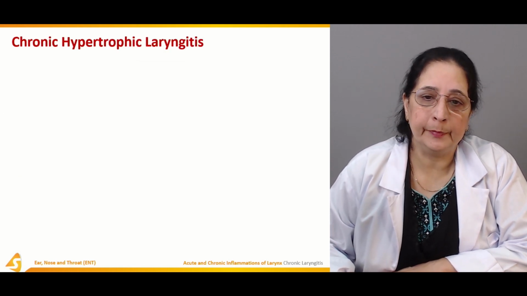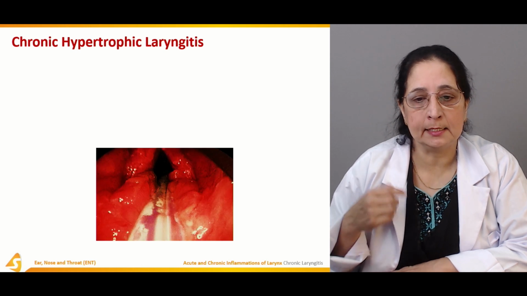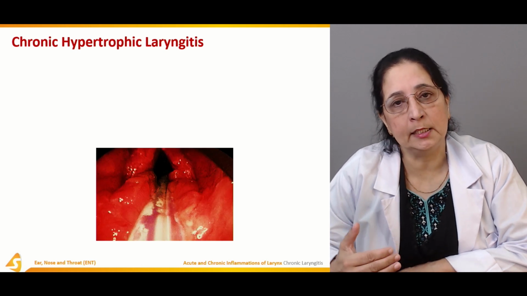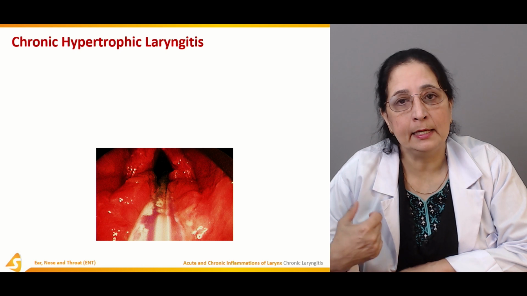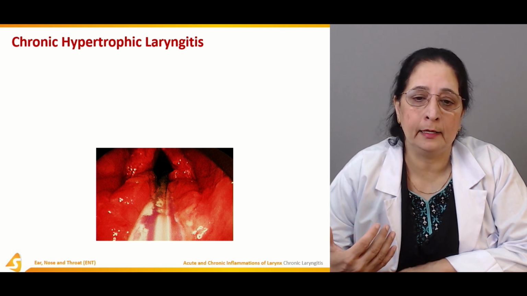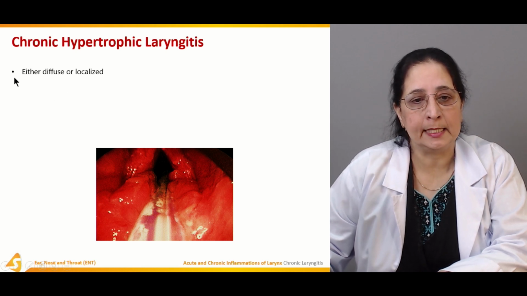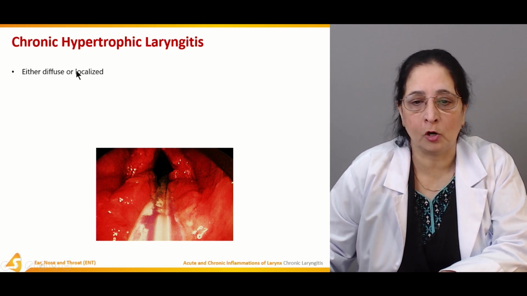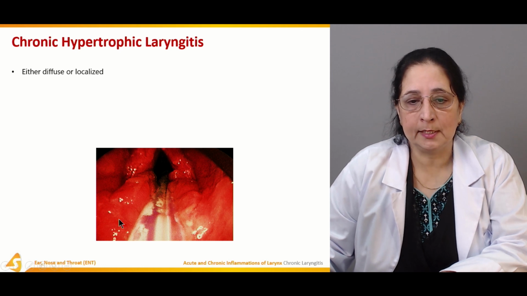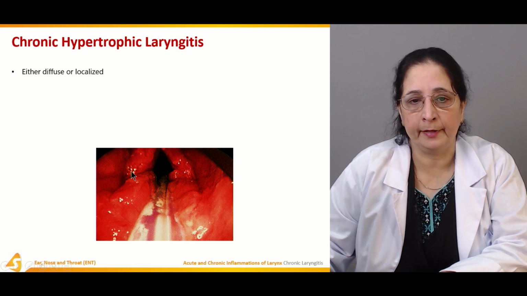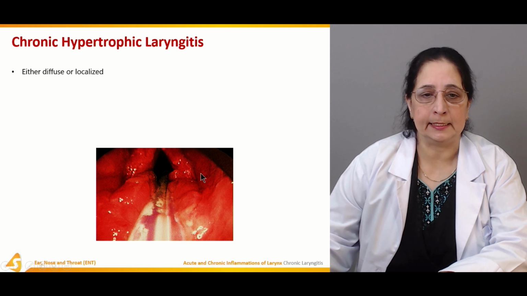Next, chronic hypertrophic laryngitis. This type of laryngitis is caused by the hypertrophy or enlargement of the cells. Hypertrophic laryngitis, either diffuse or localized. Here you can see the hypertrophic laryngitis.